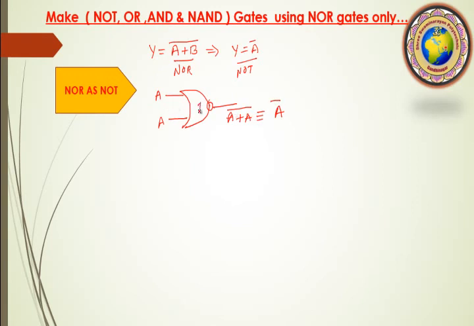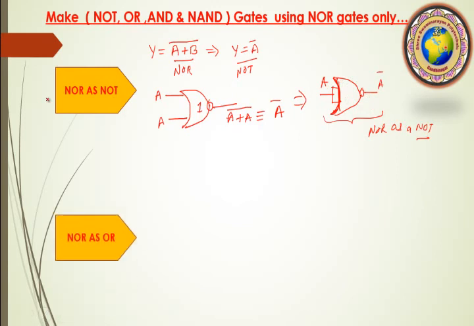So using this single input in a NOR gate we can convert. So the symbol is, this is a single input and the symbol of NOR. So A is converted to A bar. So this is our first gate, NOR as a NOT. So whenever we require a NOT gate, we can draw it in NOR form.